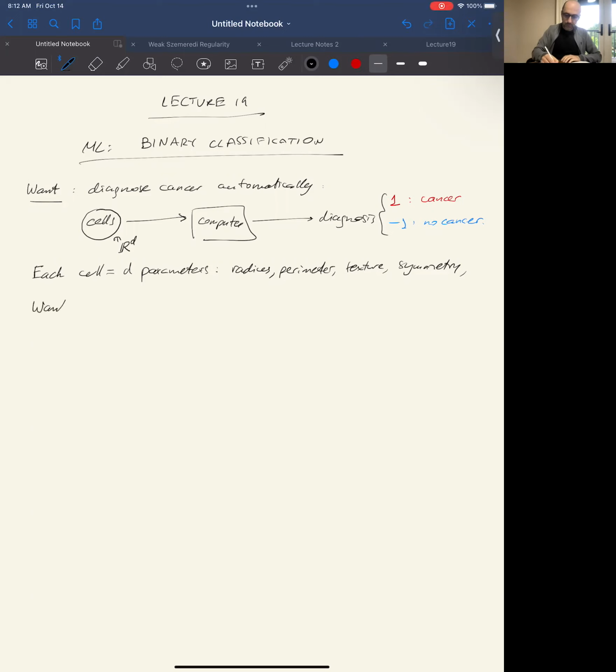So we want to find a function f that gives the diagnosis, from R^d, from the space of parameters of the cell, to the diagnosis, plus or minus 1.